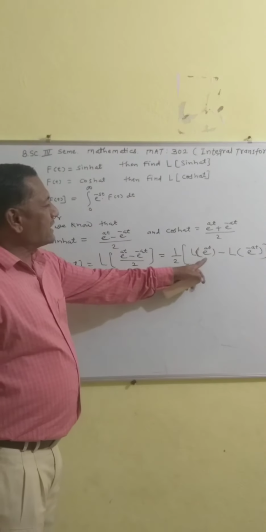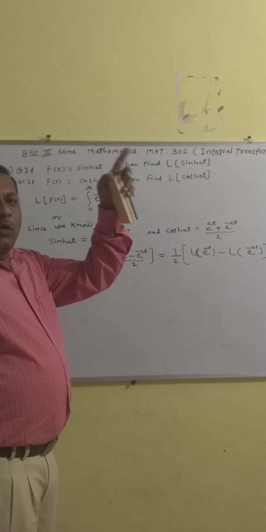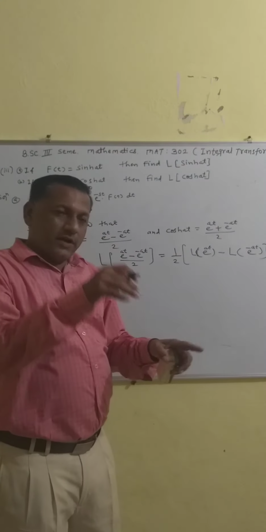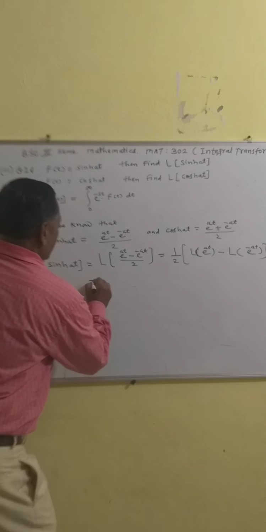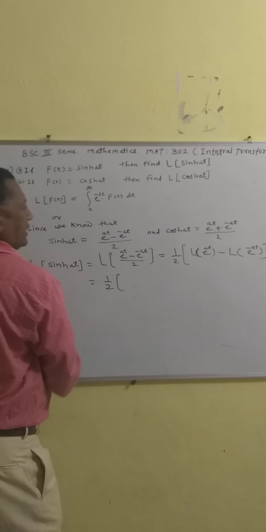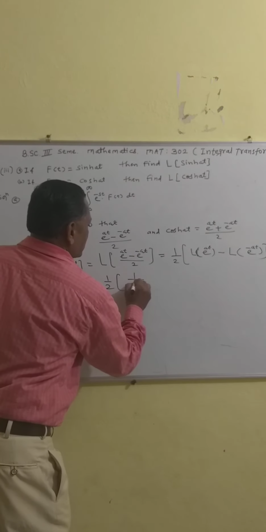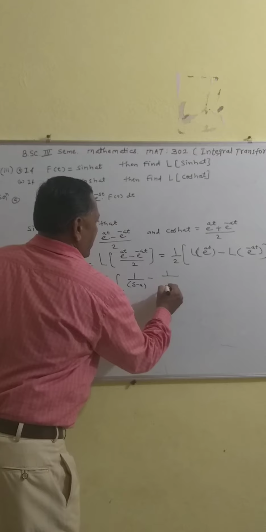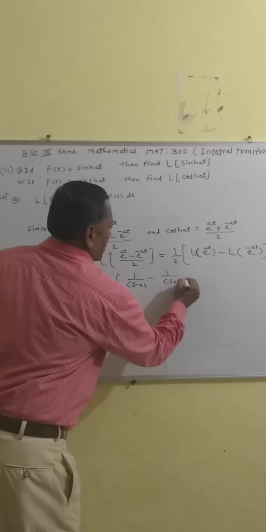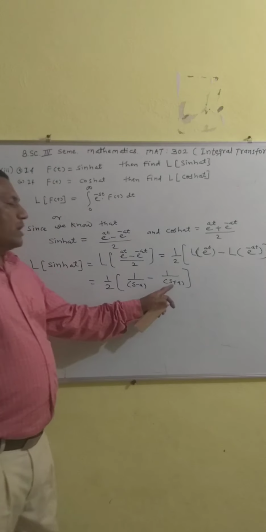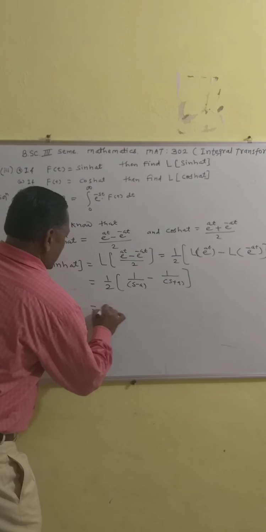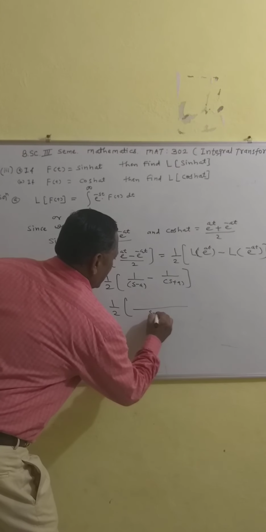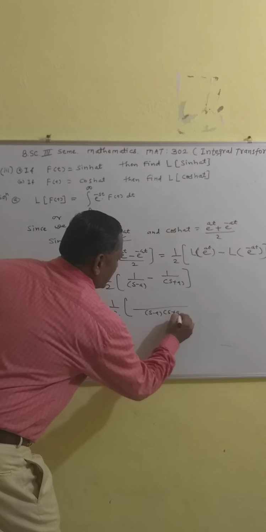Already you have seen that the Laplace transform of e raised to at is equal to 1 upon s minus a, and the Laplace transform of e raised to minus at is 1 upon s plus a. Therefore, this can be written as 1 by 2 into (1 upon s minus a minus 1 upon s plus a). The LCM is (s minus a) into (s plus a).